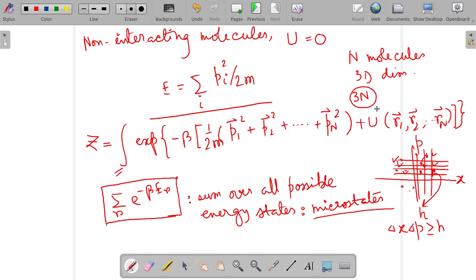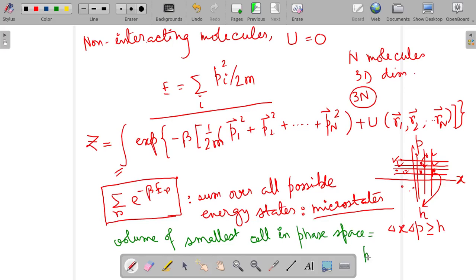Therefore volume of smallest cell in phase space কি হওয়া উচিত, it will be h to the power 3n. বোঝা গেছে?